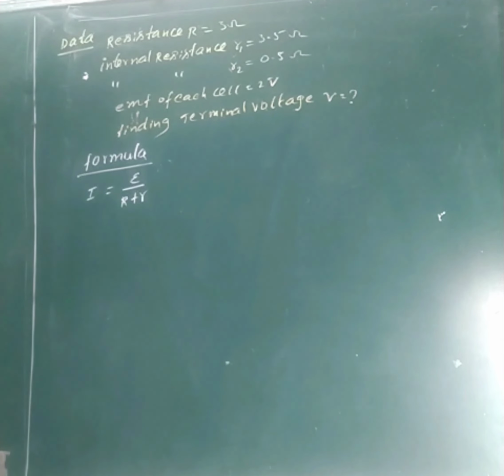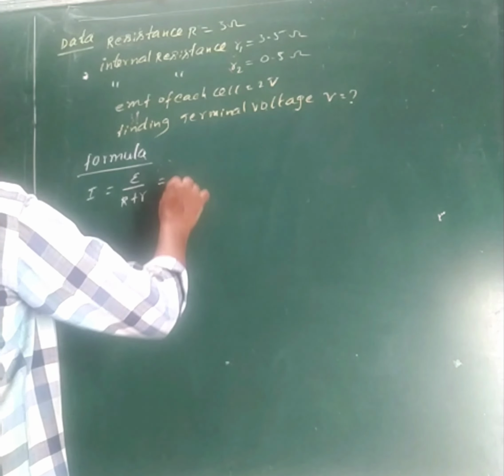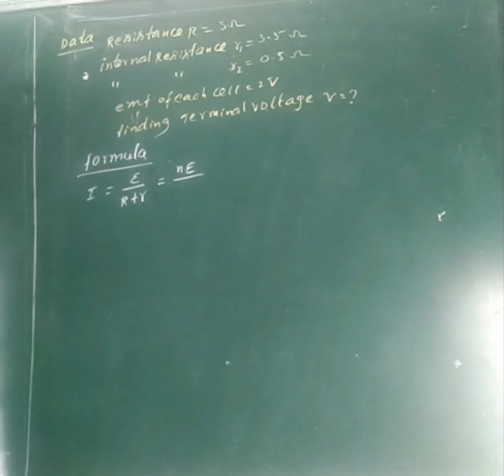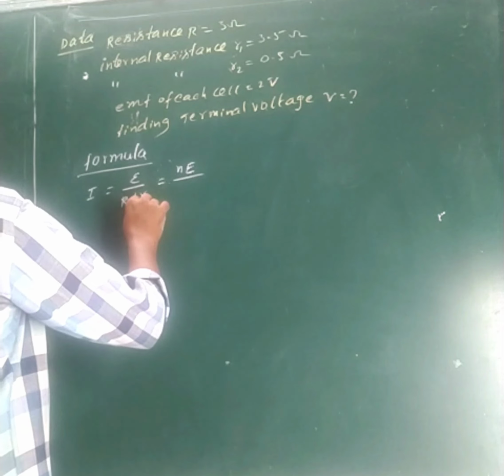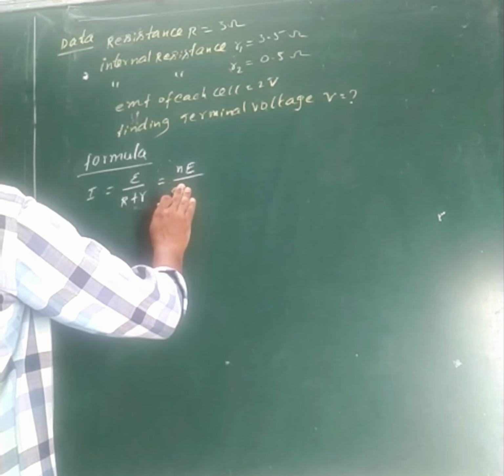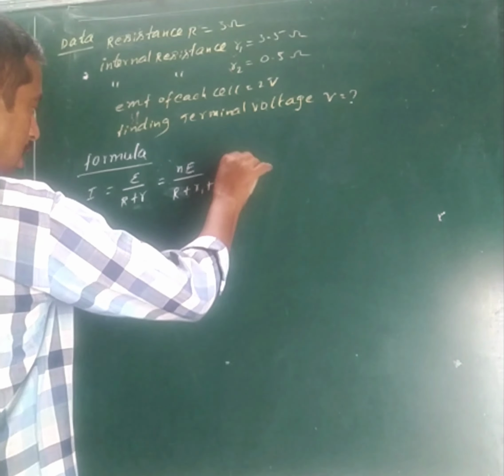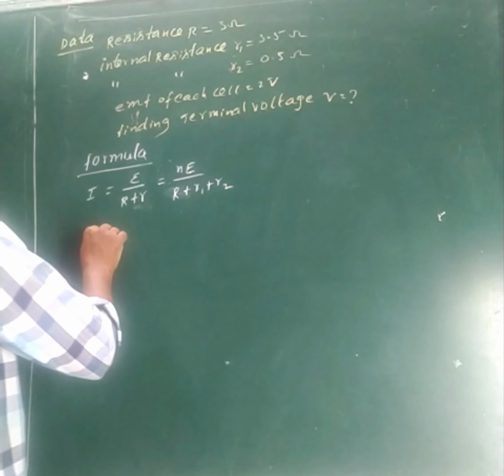So equivalent EMF is nothing but 2E, that means N into E. Similarly, the equivalent internal resistance is r1 plus r2.